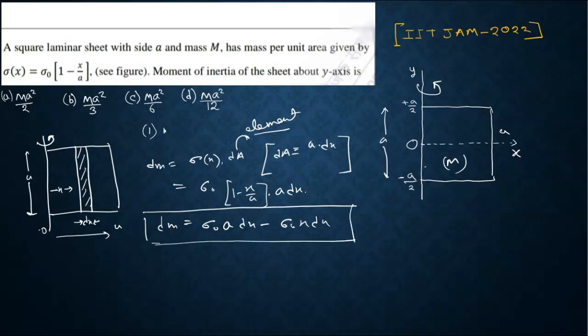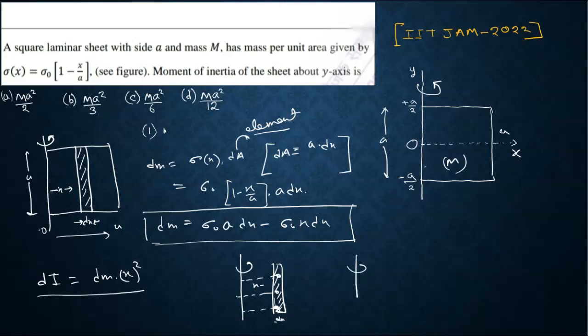The next step is to find the moment of inertia of the elementary strip, that is dI equals dm into x square. We simply write dm into x square, because this is the axis and this is our strip. This strip is of a small thickness dx, and each particle in it, this particle, this particle, all are at distance x.